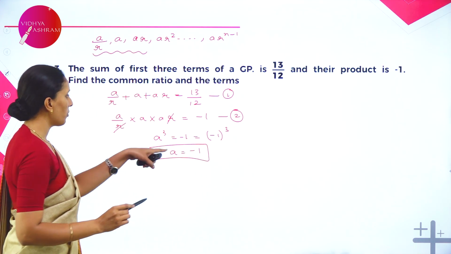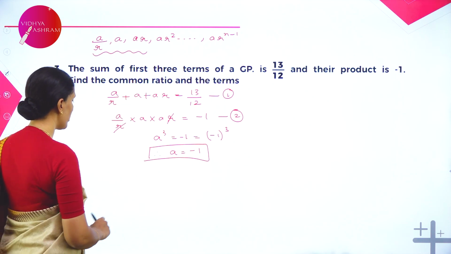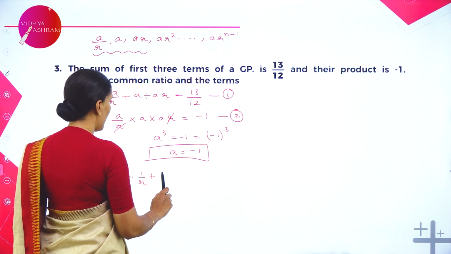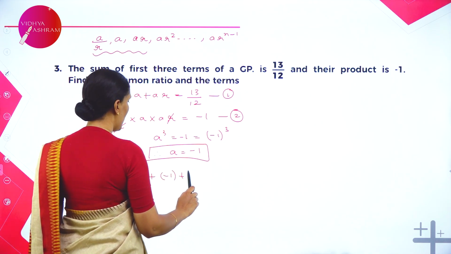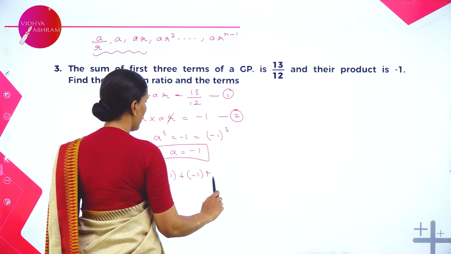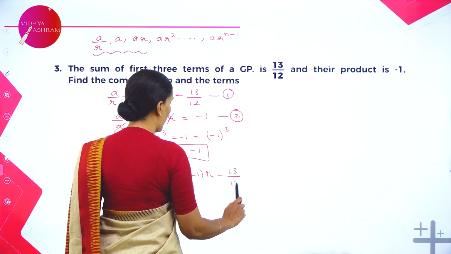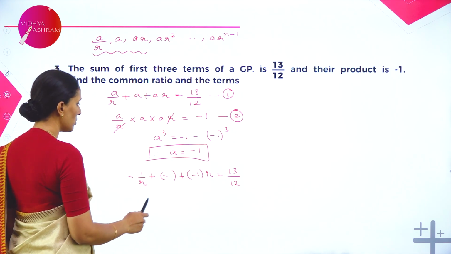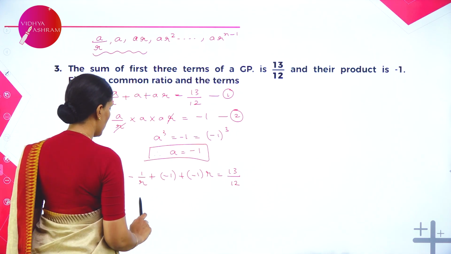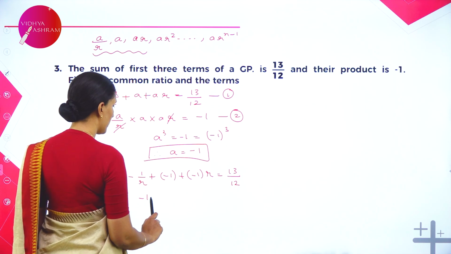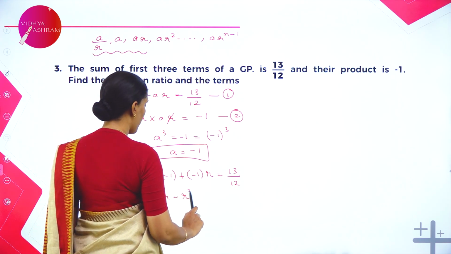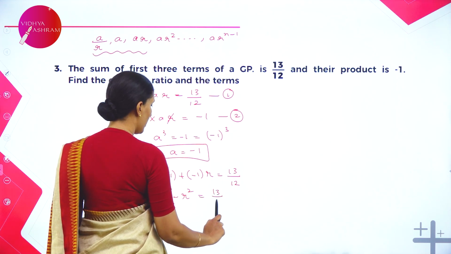Now if we substitute A is equal to -1 in equation 1, then it becomes -1 by R plus -1 plus -1 into R is equal to 13 by 12. Taking minus outside, after simplification we can write -(1 plus R) whole square is equal to 13 by 12.